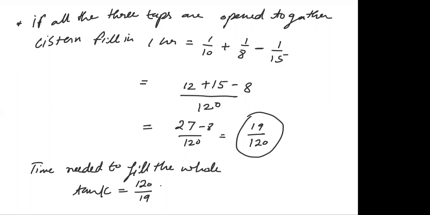And the unit is hours. So in 120 upon 19 hours, all the three taps can fill the cistern. So what we have done, let me explain this question again to you.